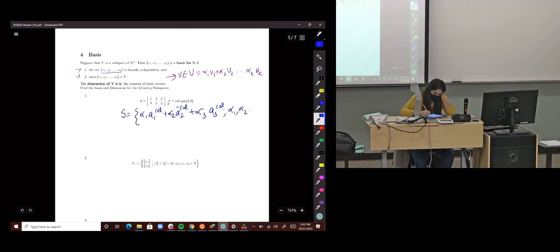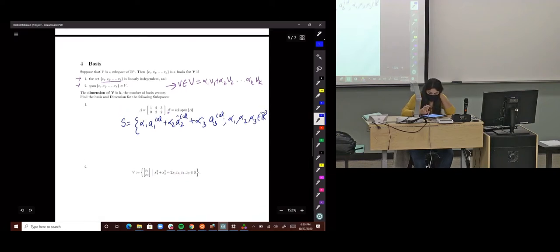So alpha 1, alpha 2, alpha 3 are all real numbers.